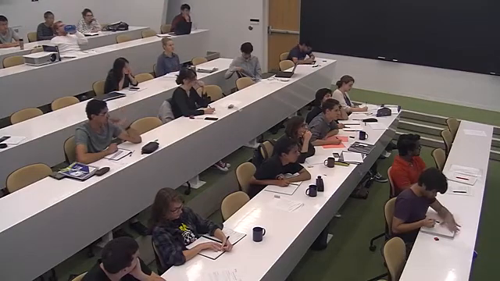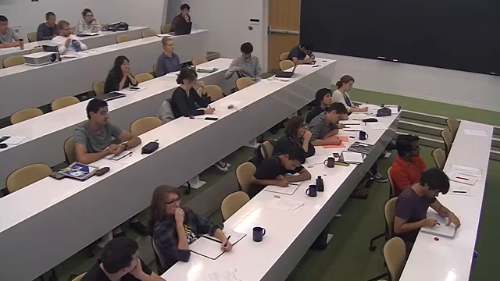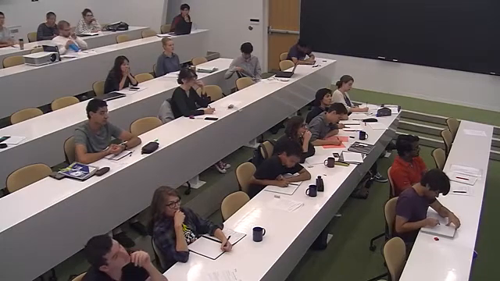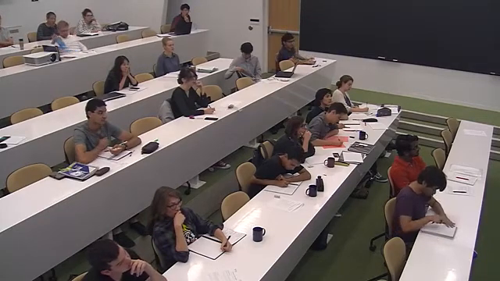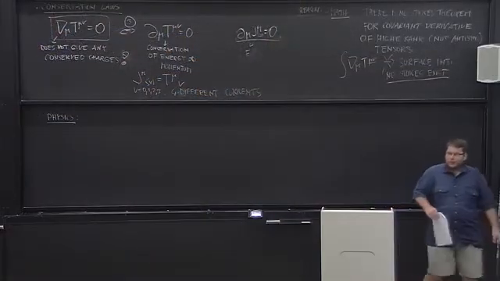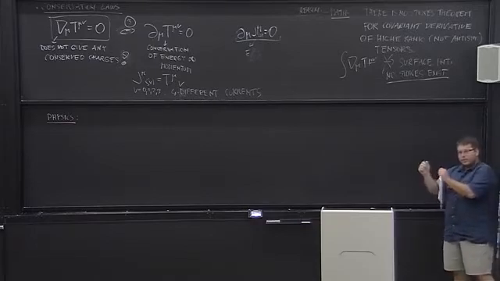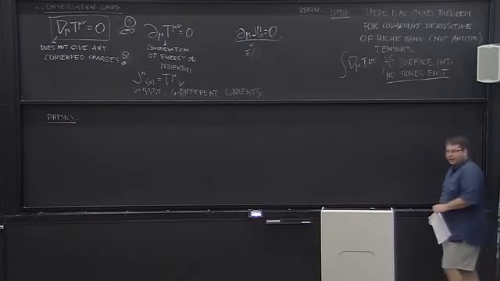Very good. That's the answer. Remember, I place a particle in a gravitational field, but my T^mu nu describes only the energy of the particle without the energy of the gravitational field, right? So it doesn't describe really how the energy changes as I add the gravitational field.